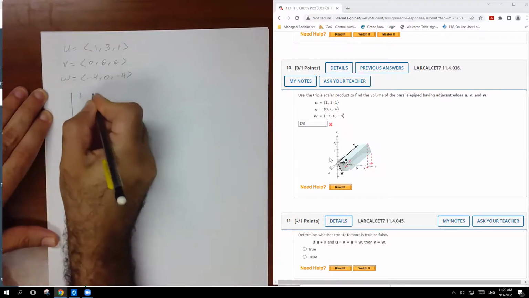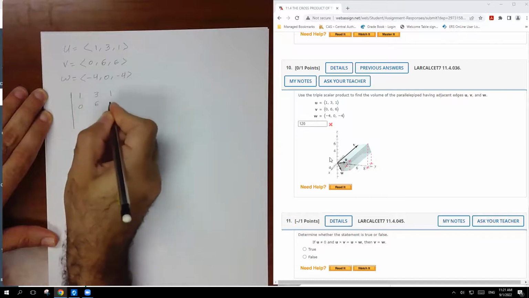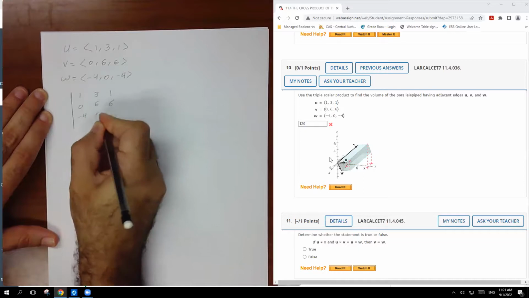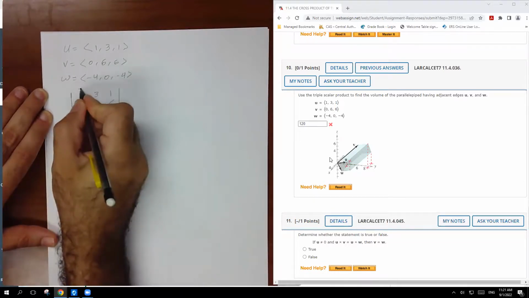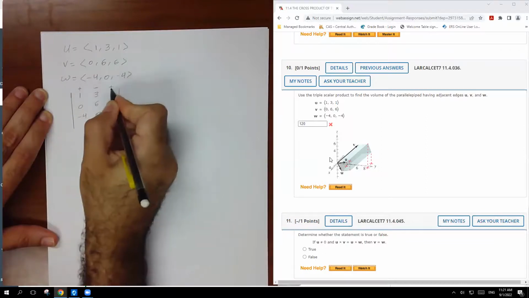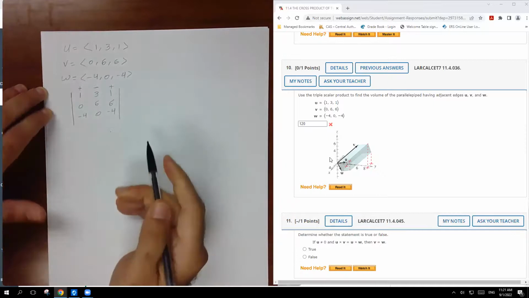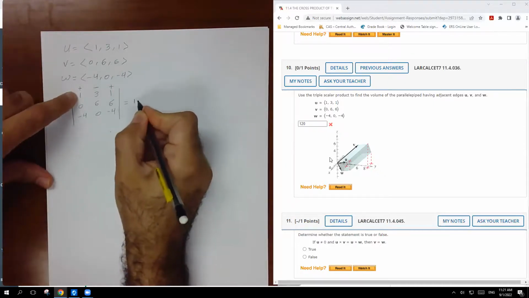here is the first vector, here is the second one, and here is the third one. Let's start. Positive, negative, positive. We start with the first number, 1.